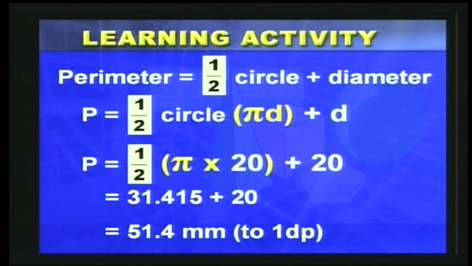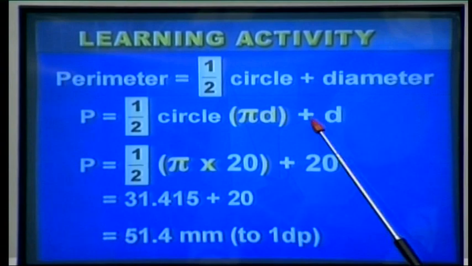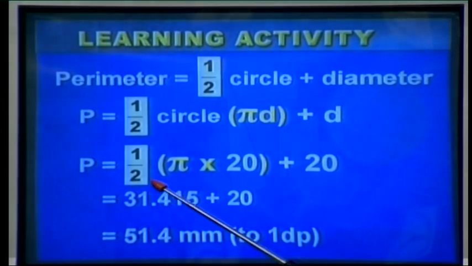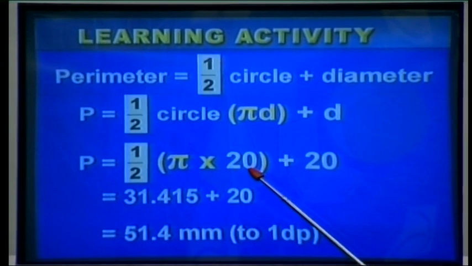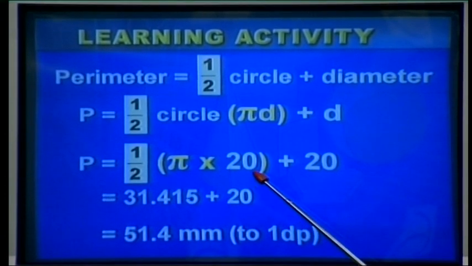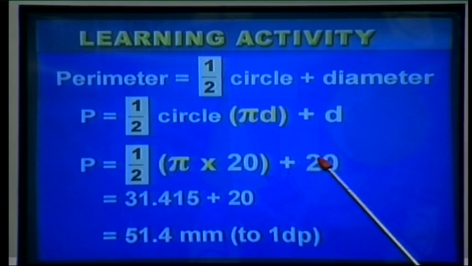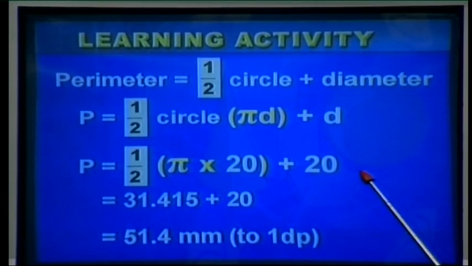Okay, this is the formula. This is how it can be worked out. P equals half circle, which is pi d plus d. Half pi times 20, that is the diameter, plus 20.